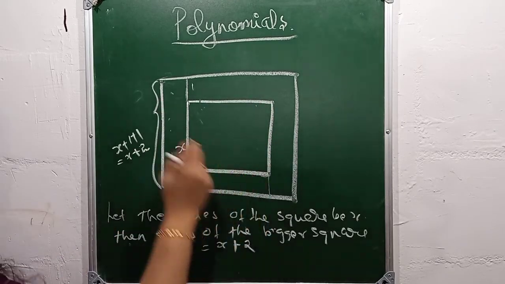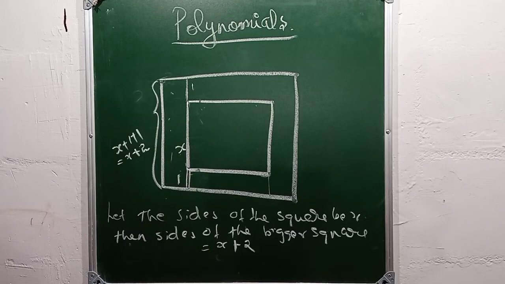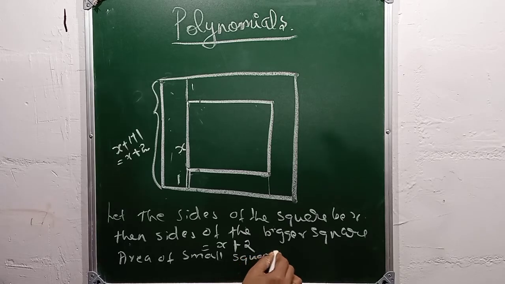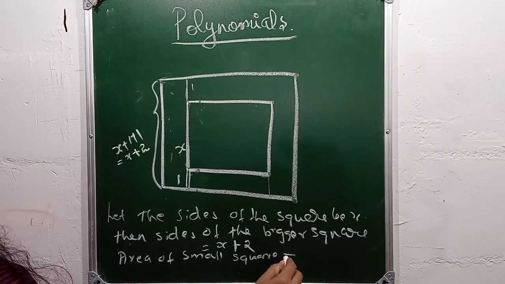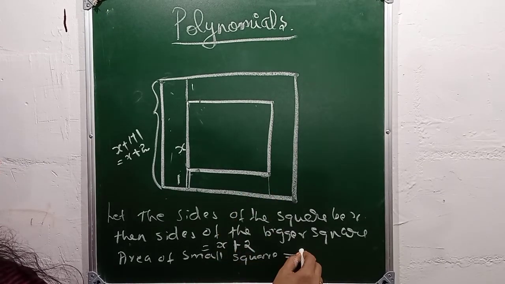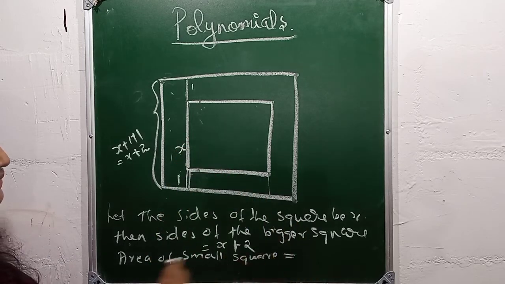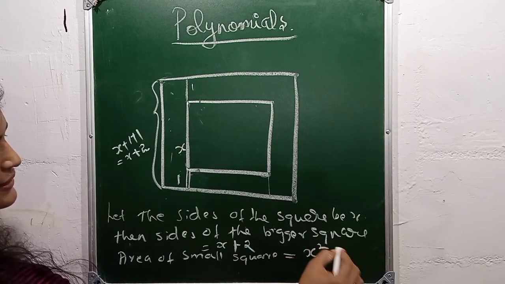Then if the sides are x, what is its area? The area of the small square is equal to side square. Side is x, then area is equal to x square.